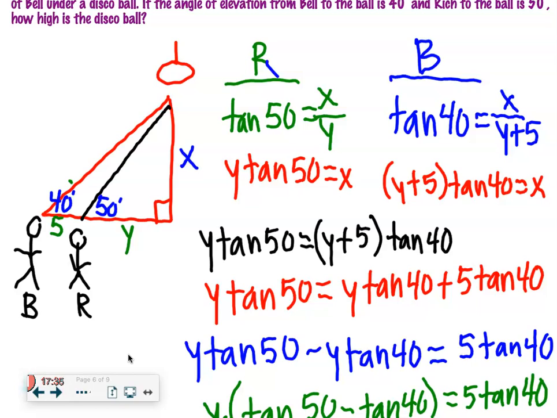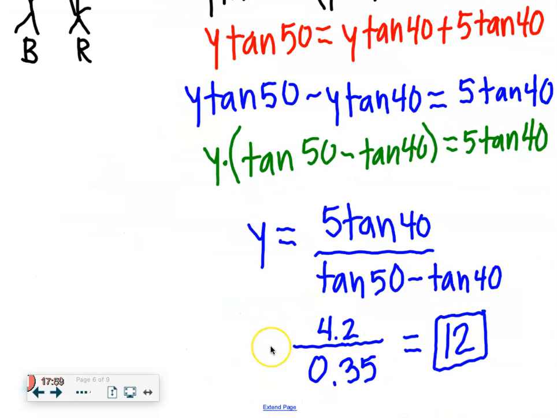Okay. So we just found y is 12. So now let's plug in 12 for y. So tangent 50 equals x over 12.